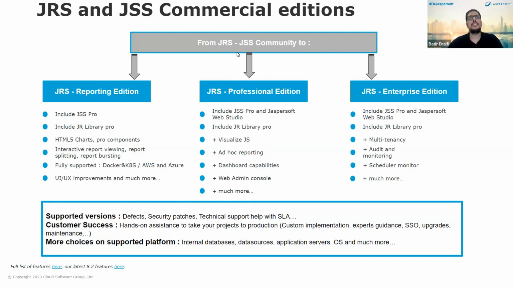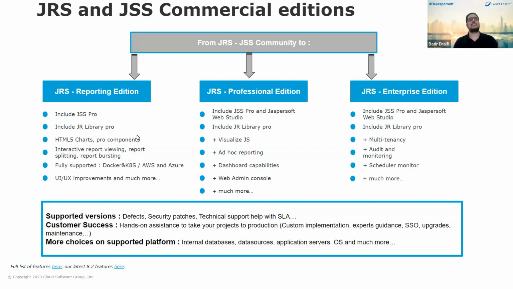So you're on the community edition, and you have three options: either go to the reporting edition, or the professional edition, or the enterprise edition, which is currently our full capabilities platform for Jasper Report Server and Jaspersoft Studio. Here are the bullet points for the reporting edition.